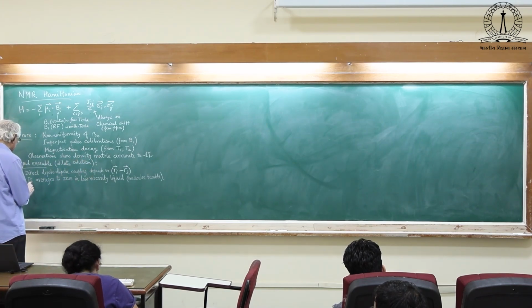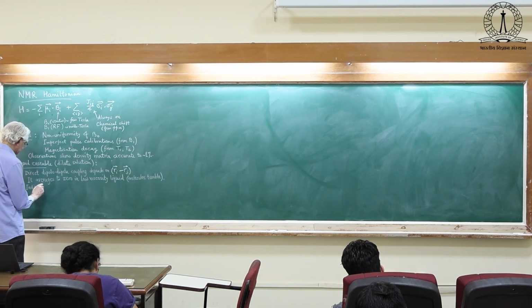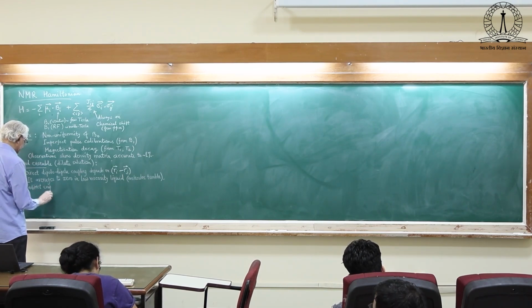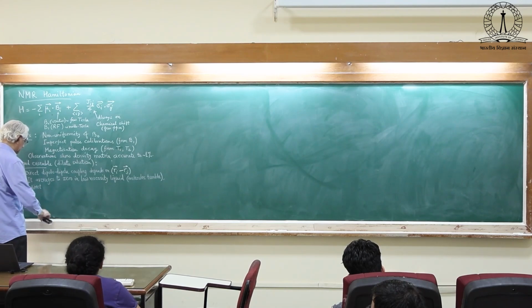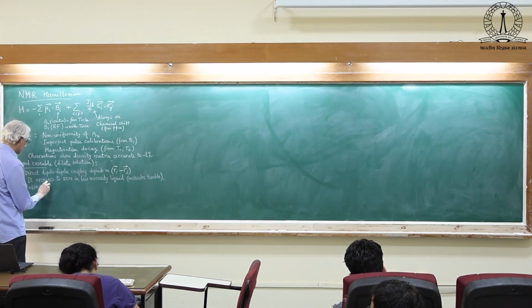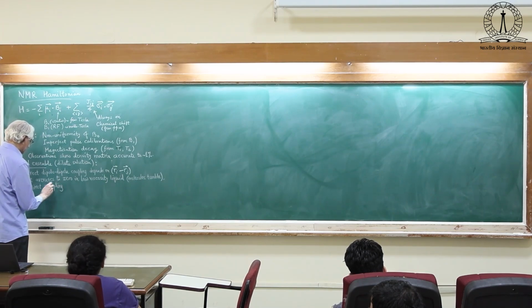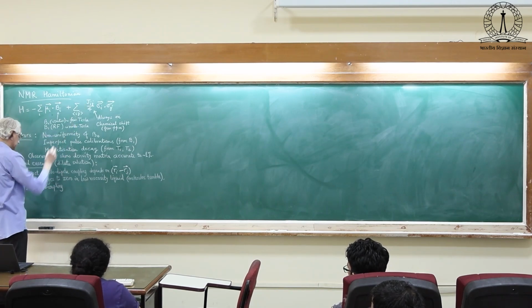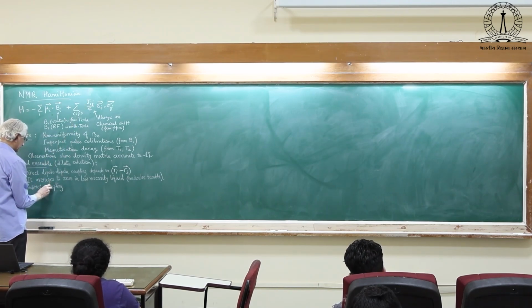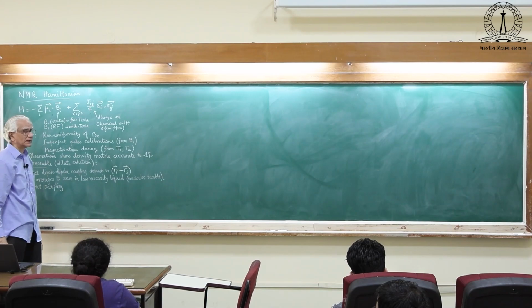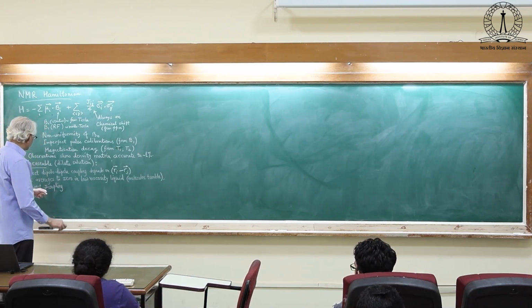But then there is an indirect component. And the NMR people basically just refer to it as a J coupling. This J is a common notation in this whole literature.